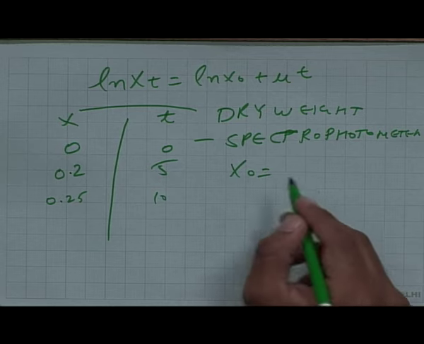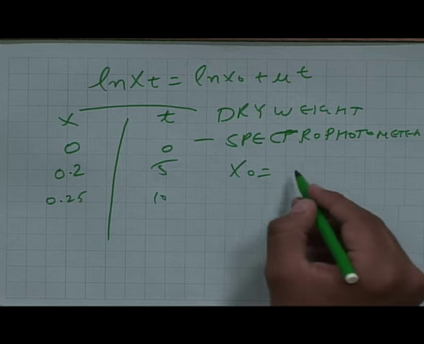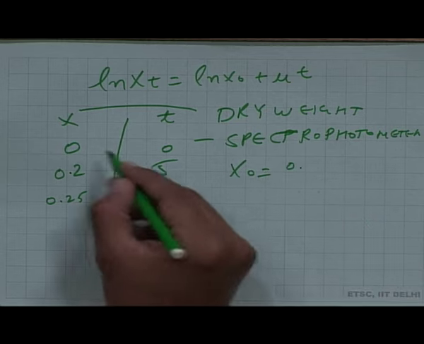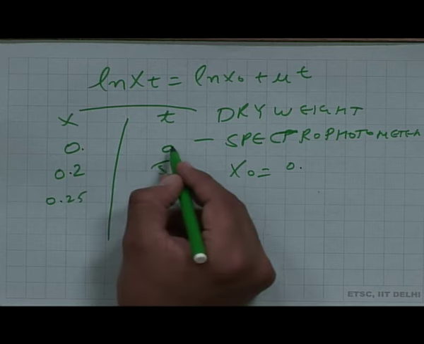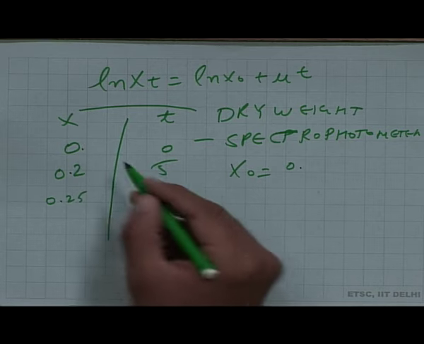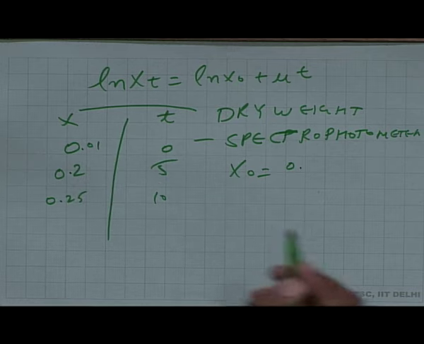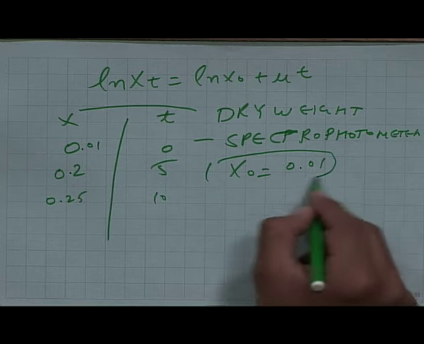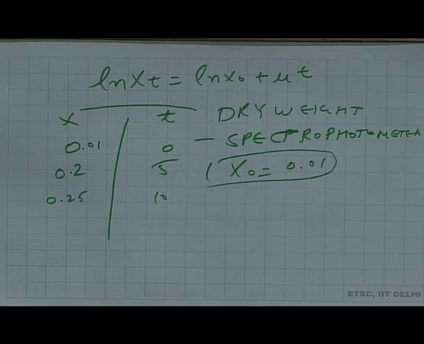At time t equal to 0, I do not put x 0 as 0, but I can put x 0 as very small, 0.01, and then I can get the value of mu.